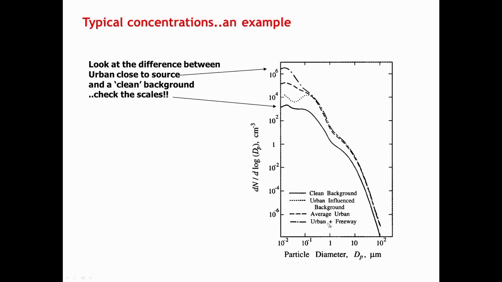So here you're close to the source of a freeway, close to the urban region, and you have very, very many more particles. So it's important to recognise the heterogeneity both in the number concentration and the mass loading, and in a temporal sense as well as a spatial sense.